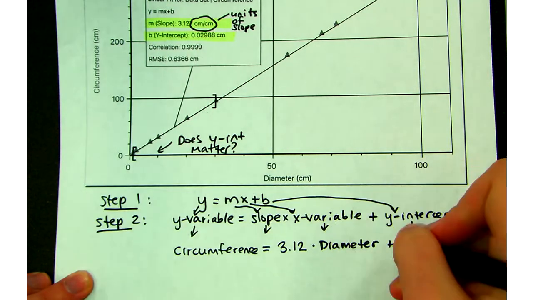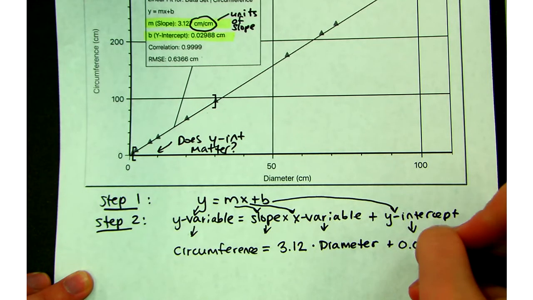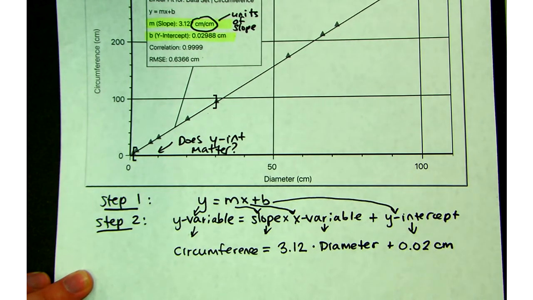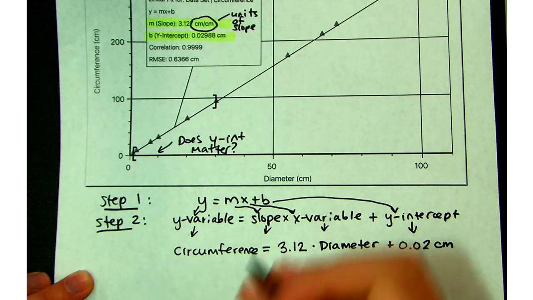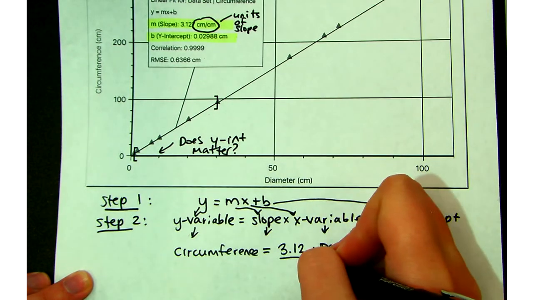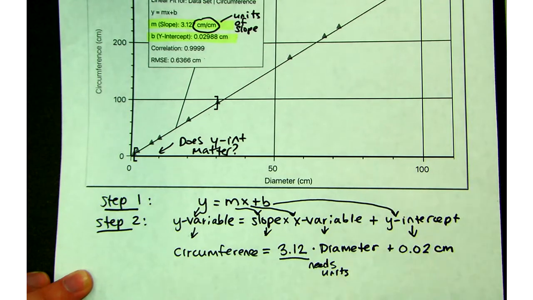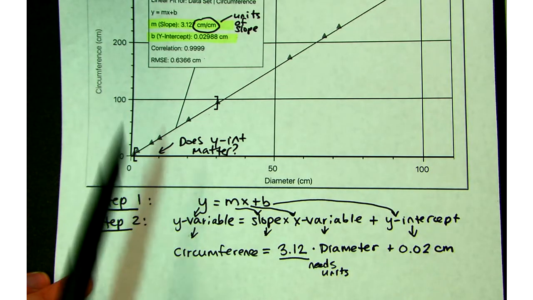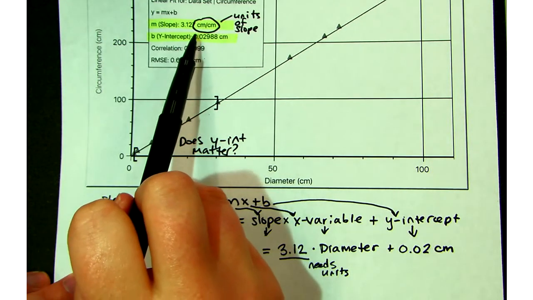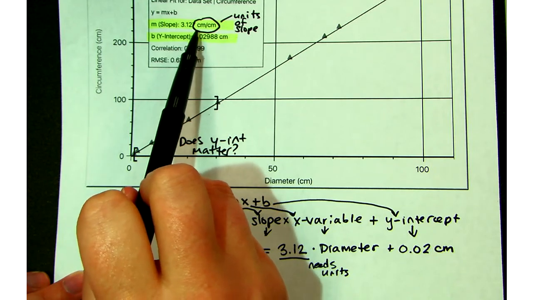All right, now I skipped a step in here, which is usually this part needs units. So let's see what our units are. I go up here, and if I did this properly in LoggerPro and entered the units in, it will give me a unit as part of the linear fit. So this says centimeters per centimeter.